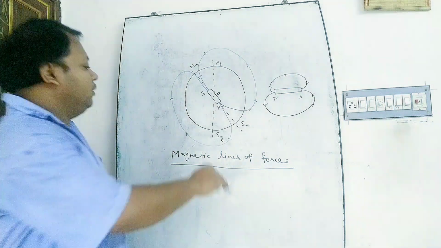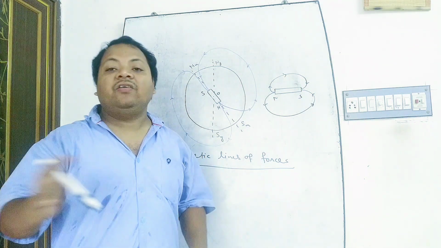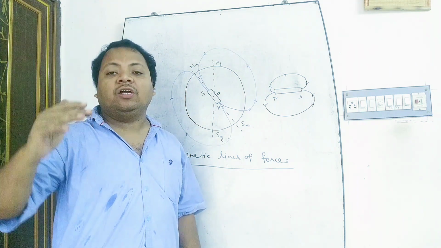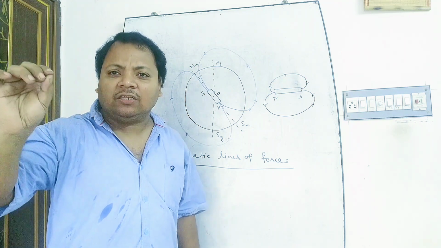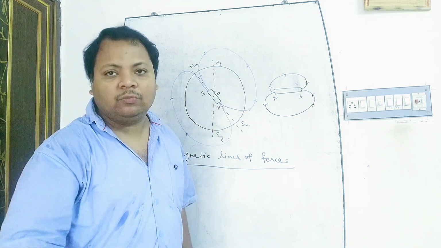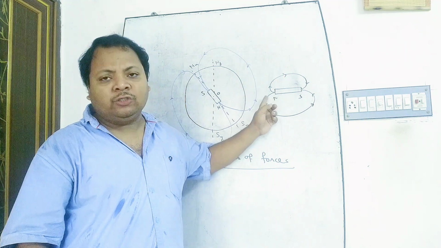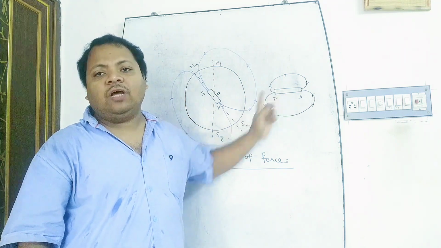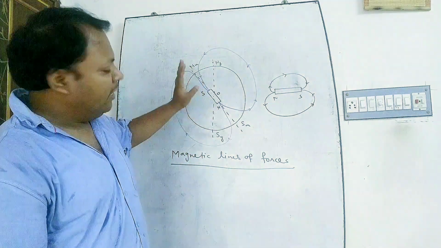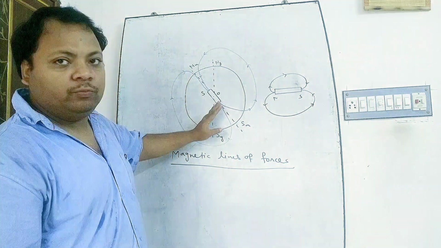That's why outside the earth, the direction of magnetic lines of force starts from the magnetic south pole and ends at the magnetic north pole. It is opposite to the direction of the lines of force of the bar magnet. This is the explanation of the direction of earth's magnetic lines of force.